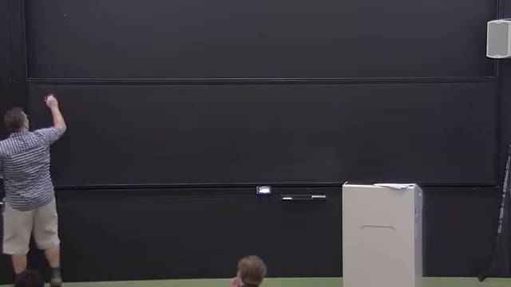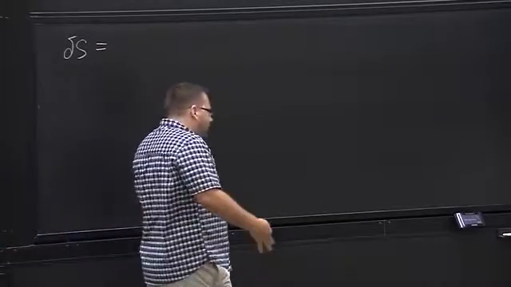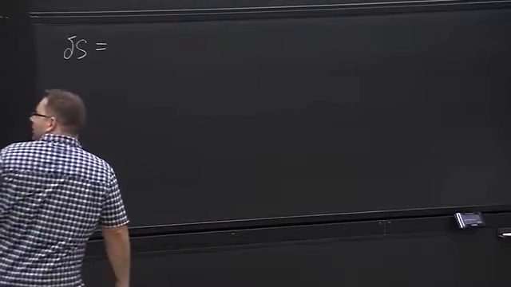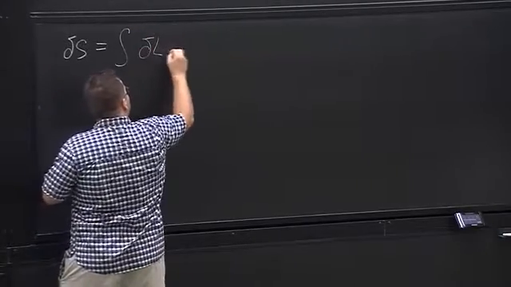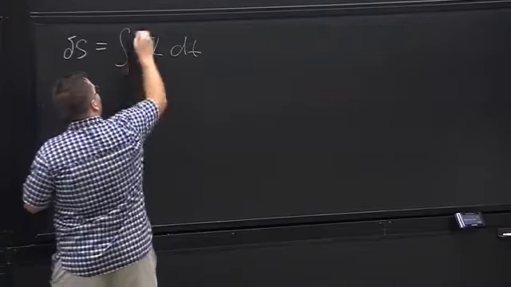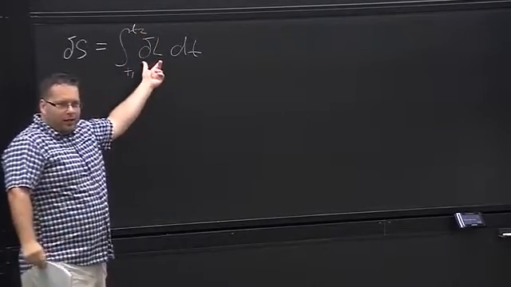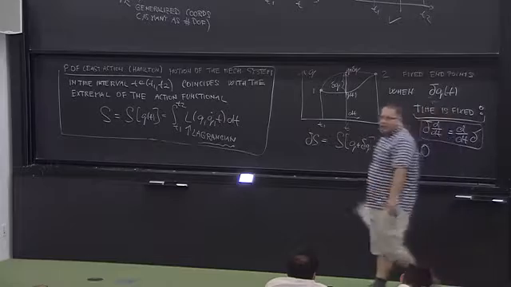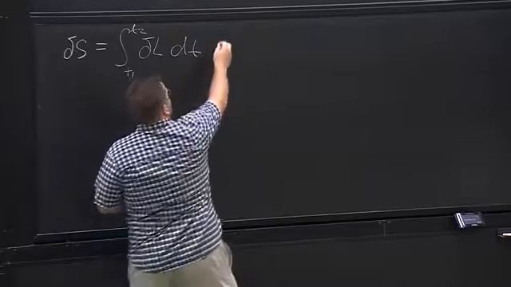All right, so now you see that to do it physically is very, very simple. I have to vary this delta S, and I don't do anything to time. Between t1 and t2, the only thing which can vary is the Lagrangian inside. dt is not varied here because time is fixed.